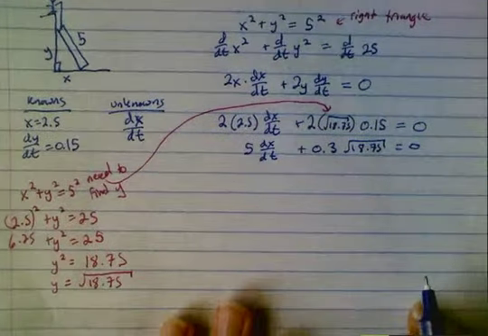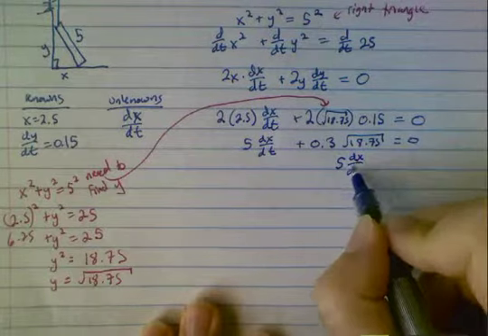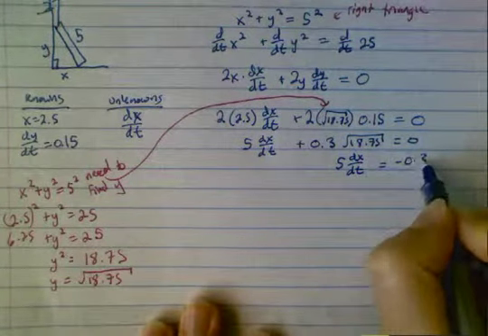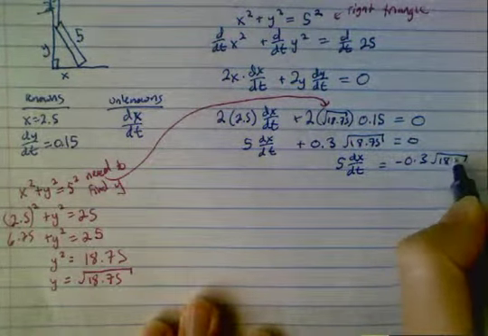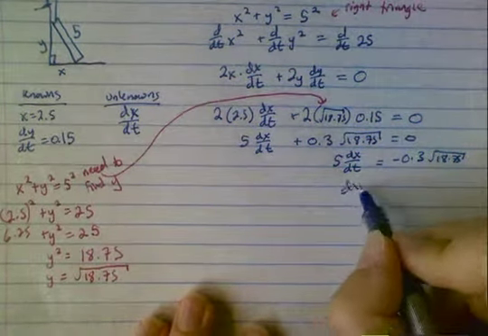We can subtract that from both sides. Divide both sides by 5.